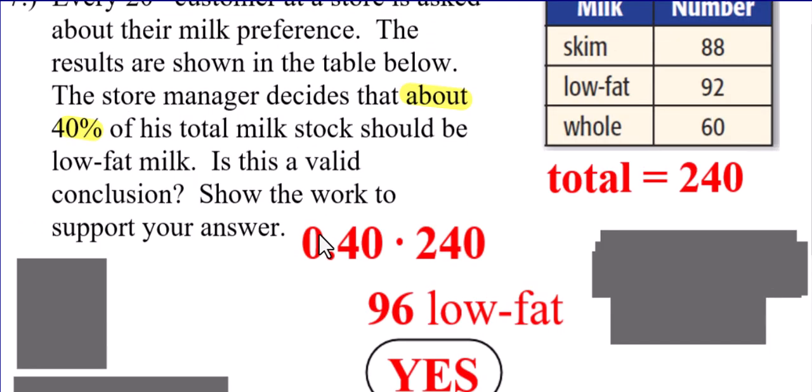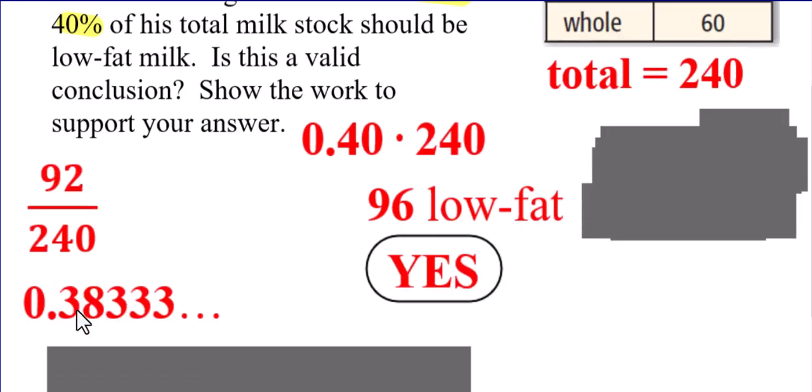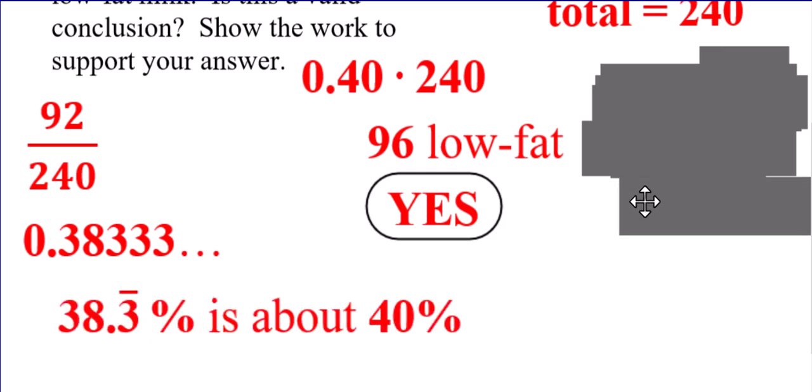Now, if you're like Mr. Underkoffler, I didn't do my work that way. Well, maybe you did this instead. Maybe you took the 92 and divided it by 240, hitting the division key in your calculator, giving you 0.383 repeating, which is 38.3 repeating percent. And yes, that is what I would call about 40%.